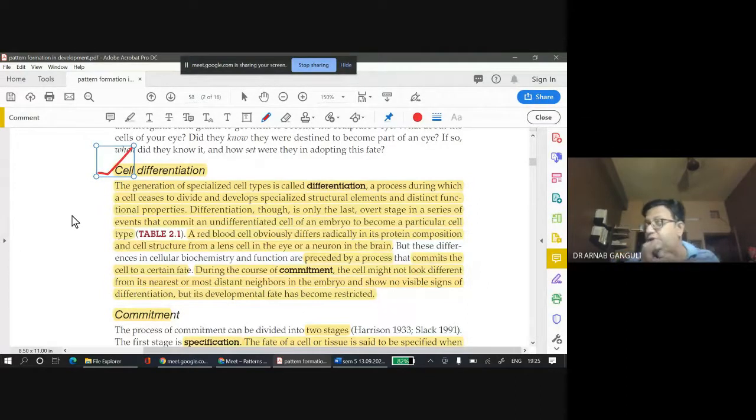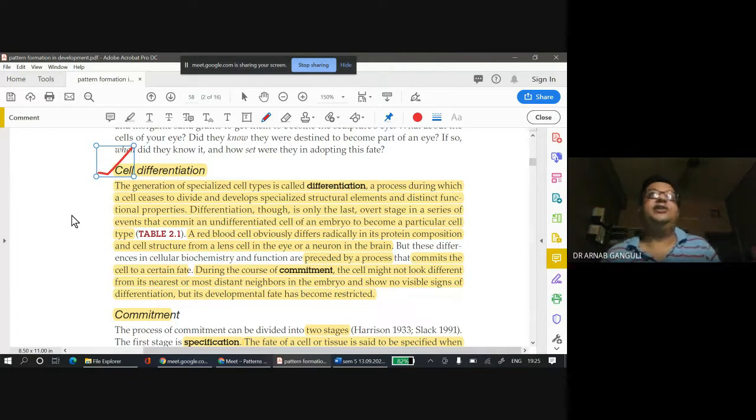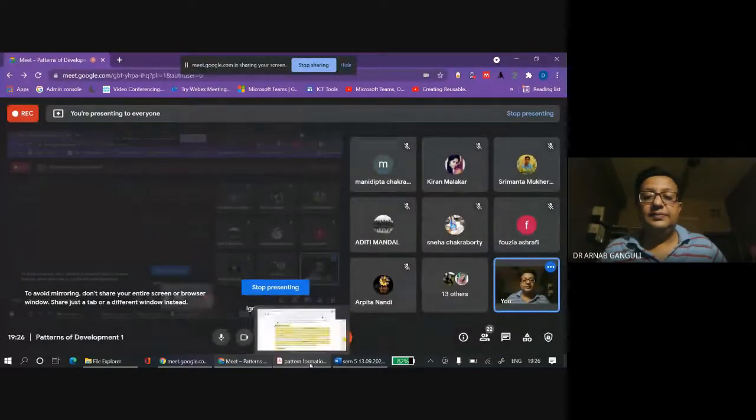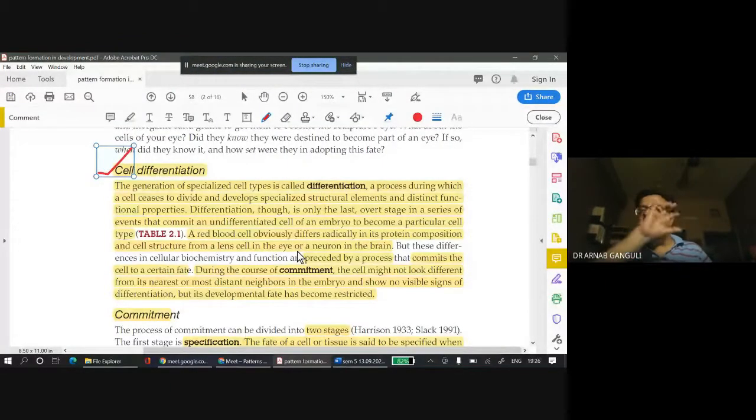Now it wants to differentiate. Before differentiation, it actually stops dividing, and then certain specialized structures like axons come out, and they have a distinct functional property. That is, they carry the voltage along the axons, and they carry electrical impulses. So it has a distinct functional property.